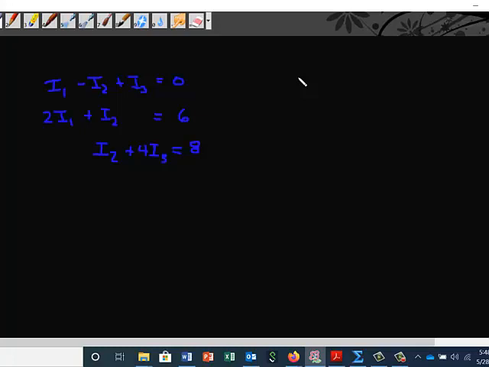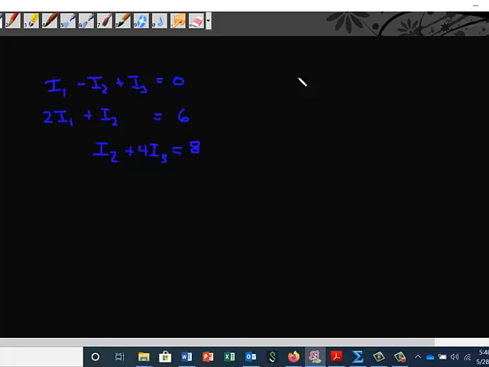The currents I sub 1, I sub 2, I sub 3 are acting as if they're variables, for example, variables like X, Y, and Z, acting as X of 1, X of 2, X of 3.